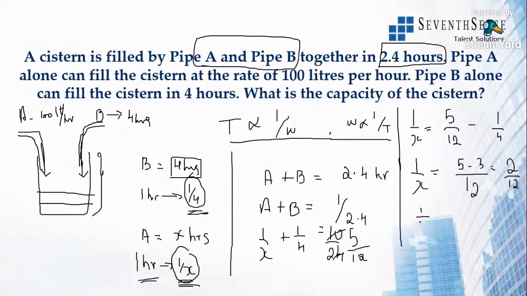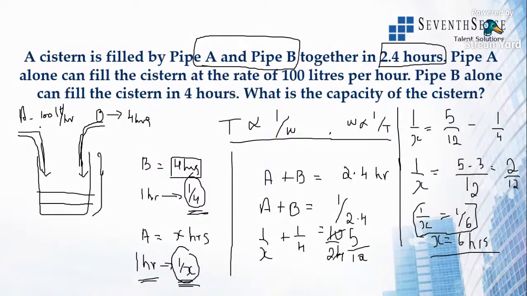So 1 by X is equal to 1 by 6. What will be the X value? X is equal to 6 hours. So every hour A fills 1 by 6 of a tank.